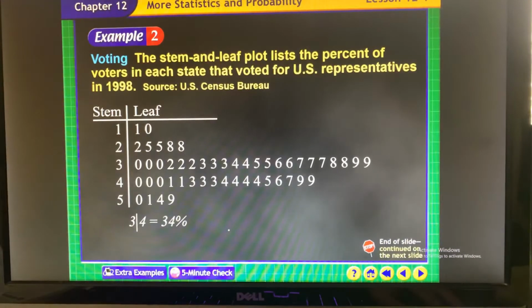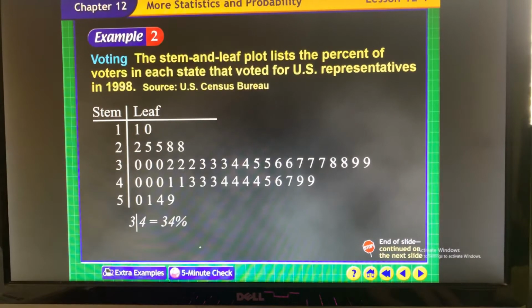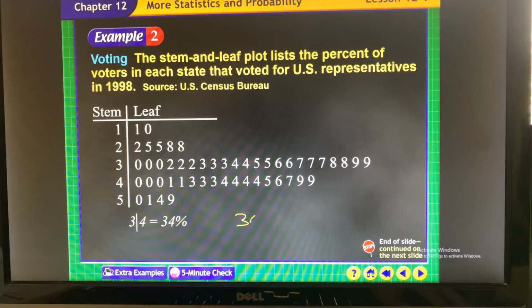So we get to ask questions about it. This is the percent of voters in each state that voted for U.S. representatives. If I said to you, what is the greatest interval that voted? You would say 30 to 39. That's an interval, as a group of numbers. You can see that this is clearly the largest, has the most amount of leaves.